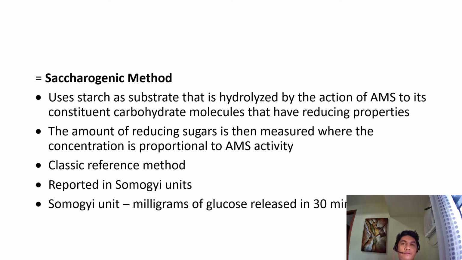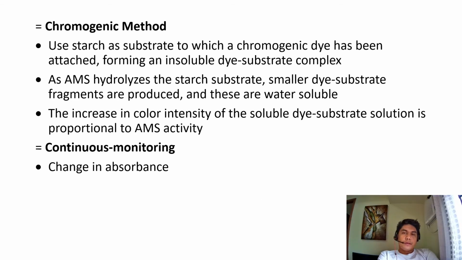We're measuring the amount of reducing sugar. Okay, so the third method is the chromogenic method. For this one, the same with Saccharogenic and amyloclastic, it uses starch as substrate. But for this one, the starch is complexed with a dye. So there's a chromogenic dye attached to the substrate, which is the starch. As AMS hydrolyzes the starch substrate, smaller dye substrate fragments are produced, and these are water soluble.